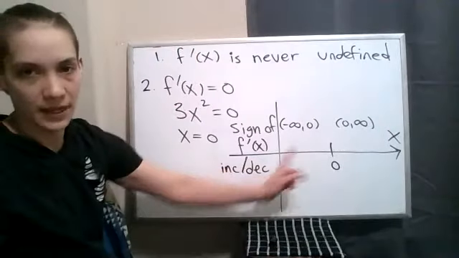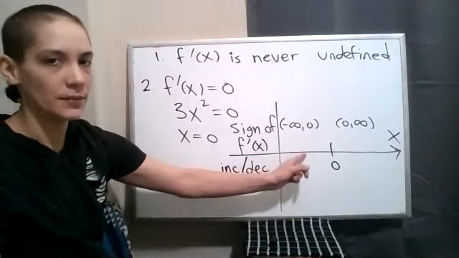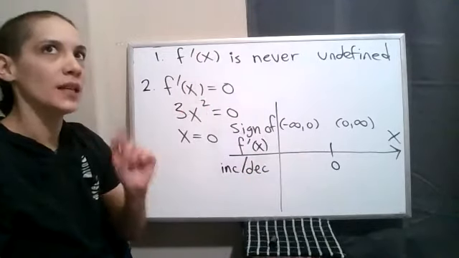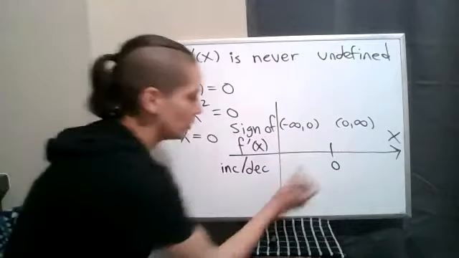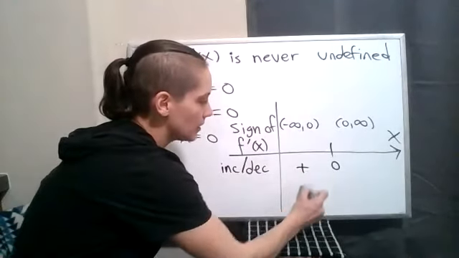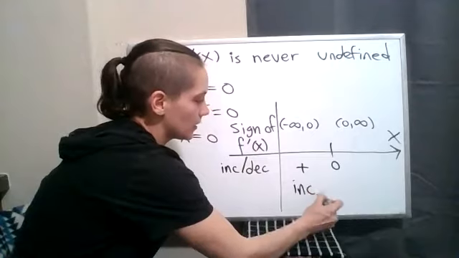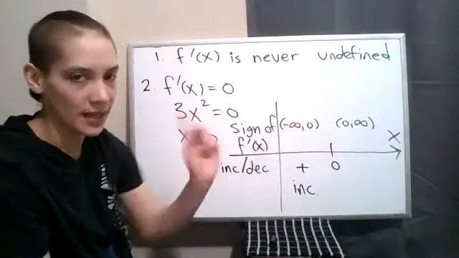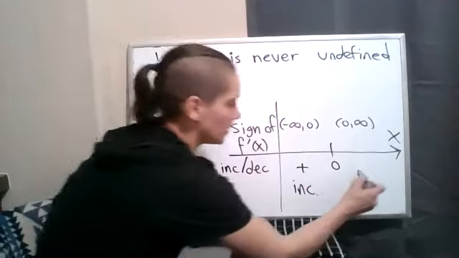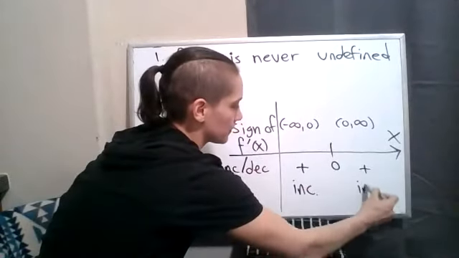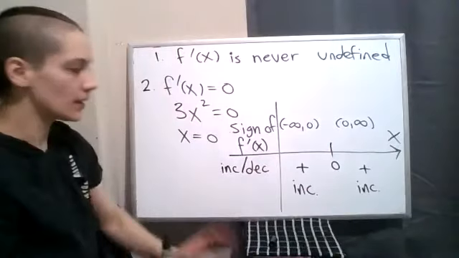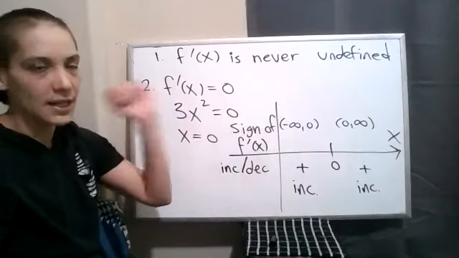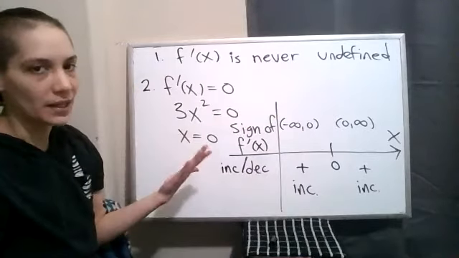So test some negative number, like negative 1. Negative 1 in f prime of x would be 3 times negative 1 squared, which is positive 3, which means you're increasing. If you put in positive 1, 1 squared is 1 times 3 is positive 3. So the function increases for all real numbers x, and there's no max, there's no min.